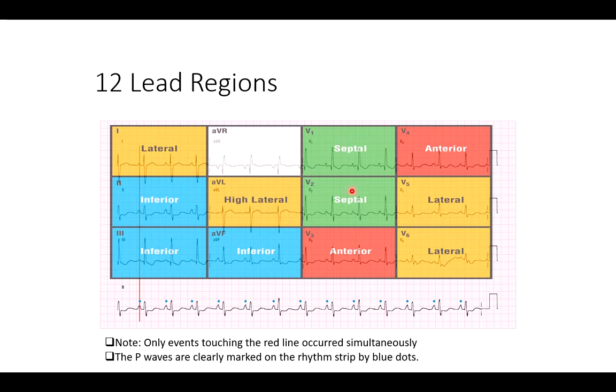If we look at V1 and V2, we might be looking at areas that are closer to the interventricular septum or the septal regions. And then you can see there that we might observe some lateral or anterior perspective of the heart as well. So when a cardiologist, when a physiologist looks at an EKG or a rhythm strip in this nature, they're looking at different segments to see what areas are impacted, because that's going to give an idea of where in the heart the dysfunction may occur.